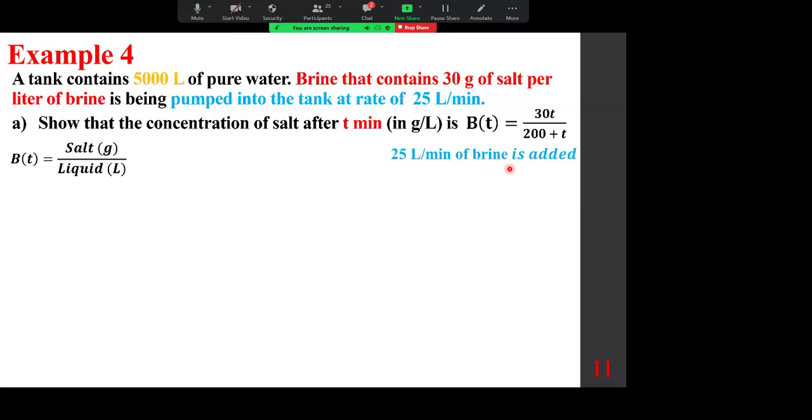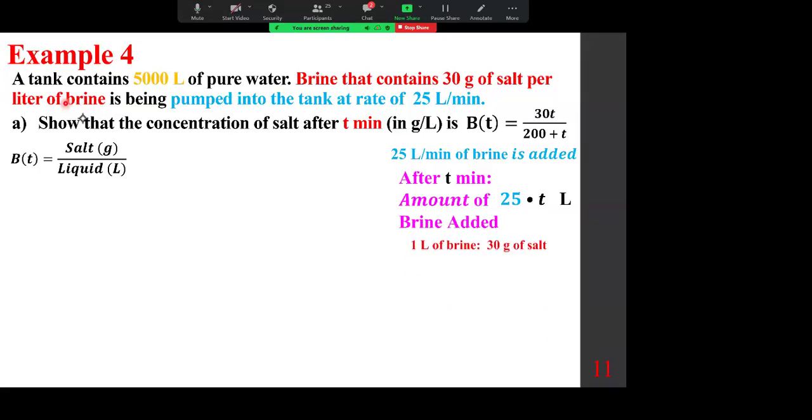So after T minutes, we have 25 times T liters of brine added. For example, after 1 minute, 25 liters. After 2 minutes, 25 times 2, 50 liters. After 3 minutes, 25 times 3, 75 liters. That's the concept.